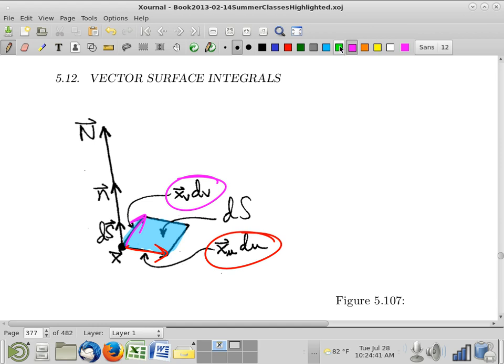The punchline was that this vector, capital N, was convenient for writing that down. We ended up needing to write down xu cross xv, and that's what we called capital N. Don't forget that we have already talked about the unit normal vector.